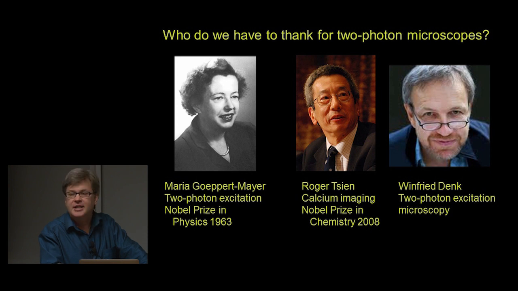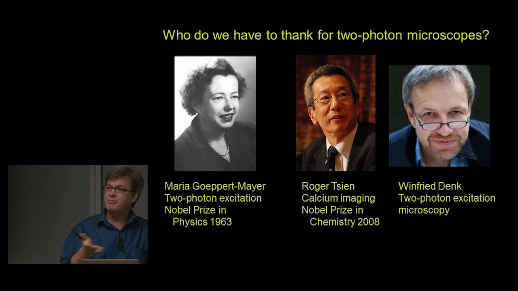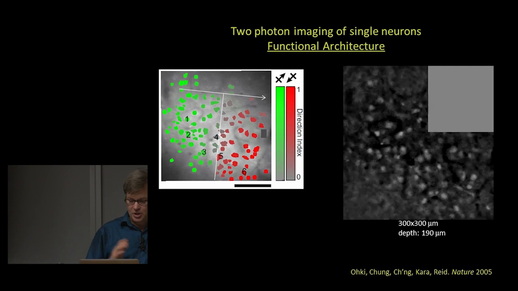When Winfried did his postdoctoral fellowship in Cornell, he, in Watt Webb's lab, invented the two-photon microscope, which is essentially taking a laser beam and scanning it very quickly in order to make microscopic images of fluorescent molecules. And he applied that to the brain in David Tank's group at Bell Labs subsequently. So we're almost done.